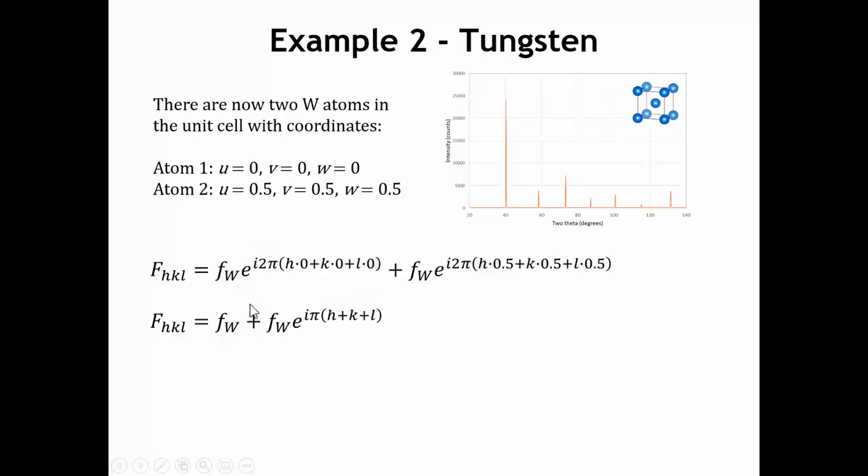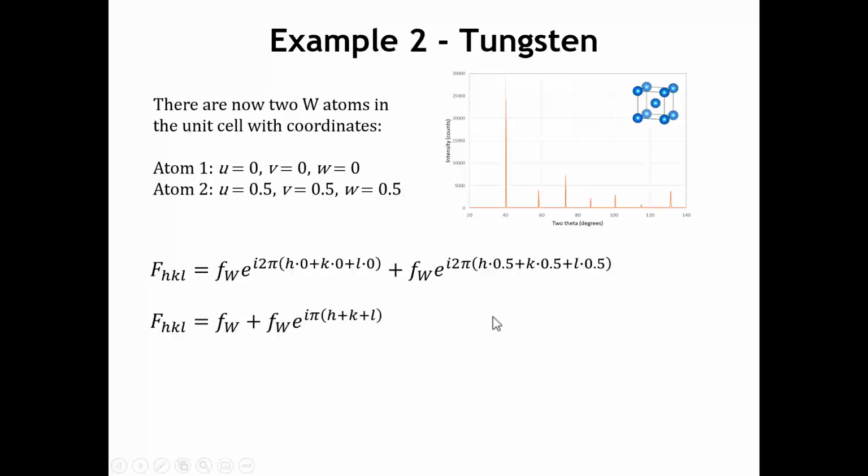So our first term is the atomic form factor of tungsten. And for the second one, we've got half, half, half, which when we multiply that by 2 pi, right, it's common, we can bring it out, we just end up with e to the i pi times the sum of h plus k plus l.